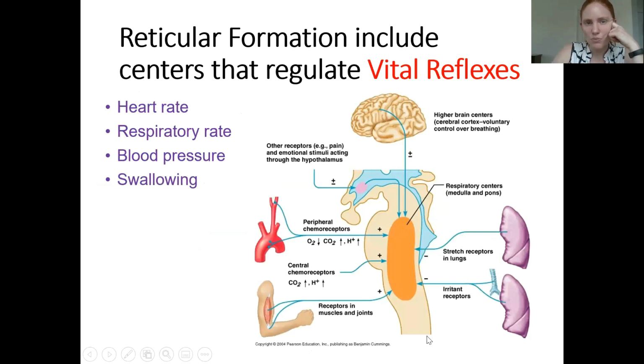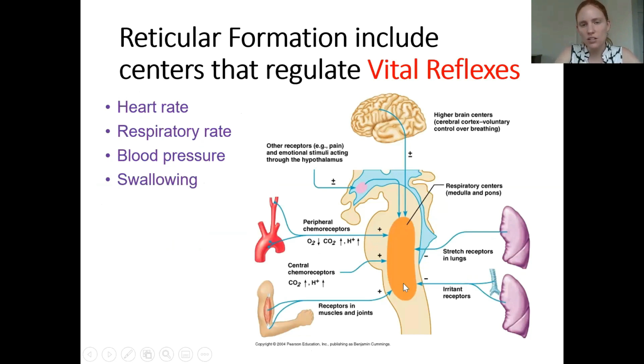Also, this is where you have the vital reflexes, and what vital reflexes means are the things that you're not really thinking about that are keeping you alive. For example, respiratory rate. At the bottom of your thoracic cavity you have your diaphragm, and your diaphragm is going to contract and relax to cause breathing, ventilation.